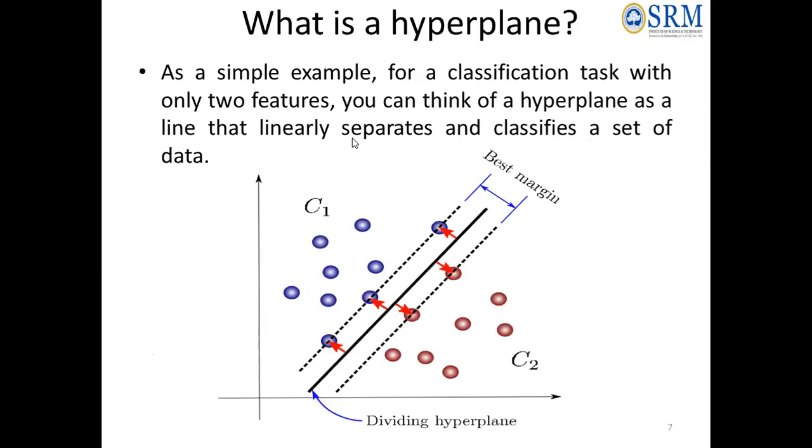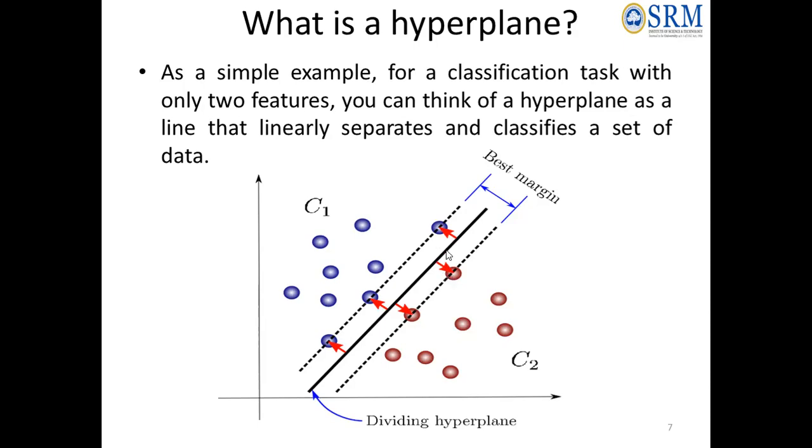What is a hyperplane? A hyperplane is nothing but a line that divides two sets of data points. The division should be done in such a manner that there is equal space on both sides.